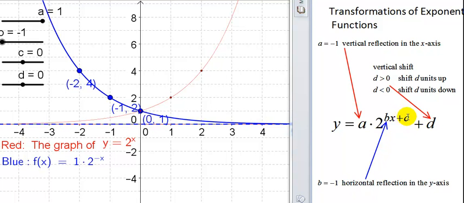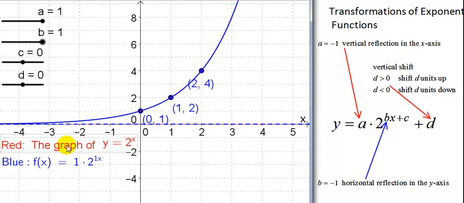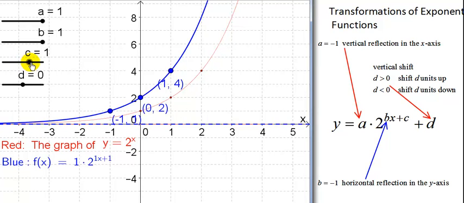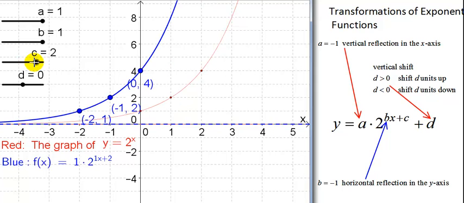The last thing we need to look at is what happens when the value of c is changed. So let's go back over here and we're going to make b back to 1, so we're back to our parent graph, and now we're going to change the value of c. c is currently 0, so let's see what happens when we make c 1 or 2. Let's say c equals 2. Well, what happened to the points? They moved 2 units to the left.